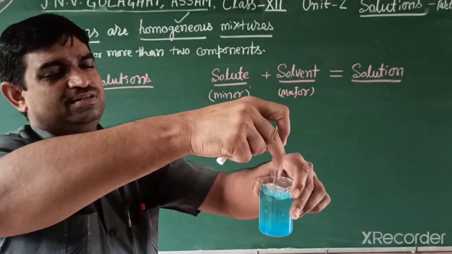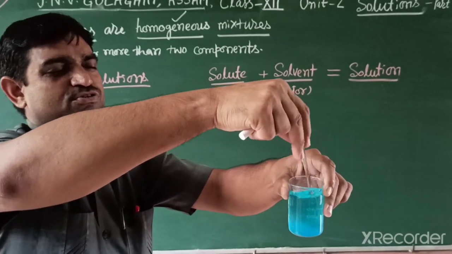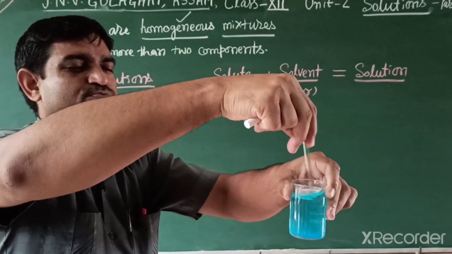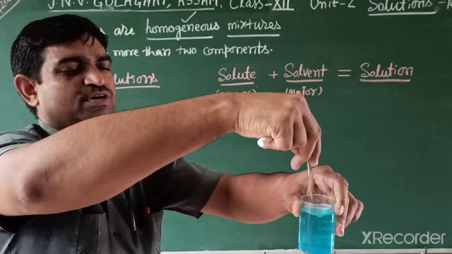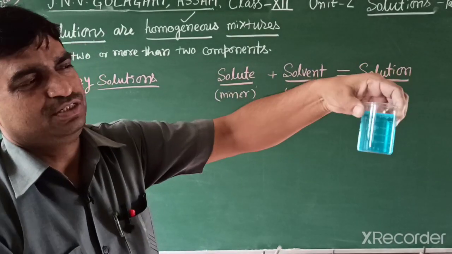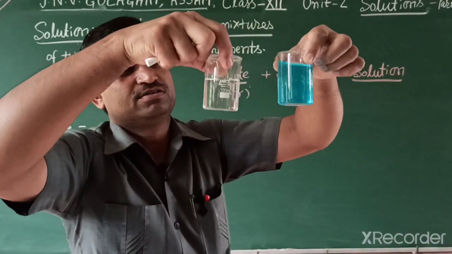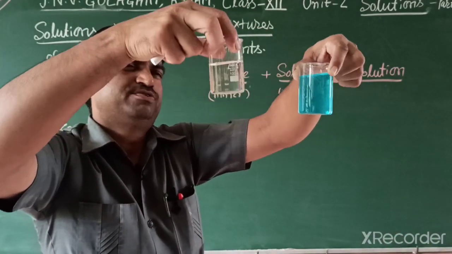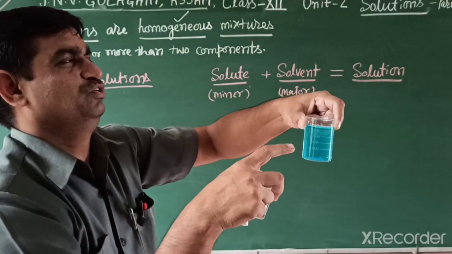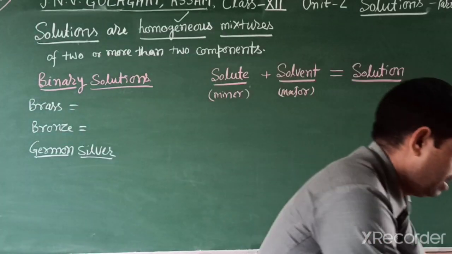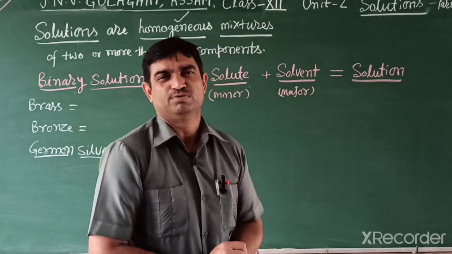These blue crystals are soluble in water, meaning uniform composition, equal distribution from bottom to top. So this is a solution. Here you can say this is copper sulfate solution, and this is known as salt solution. What we observe in their properties is that it is uniform throughout, with equal composition. In one word, solutions are homogeneous mixtures of two or more than two substances.